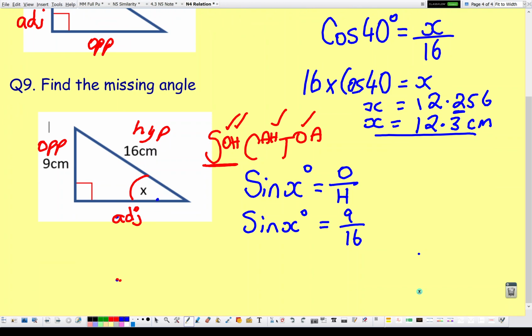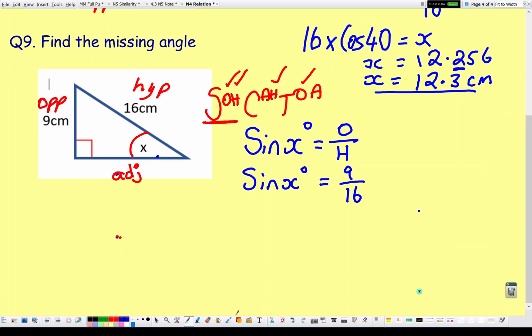I'm not going to tell you how to finish this off for the angle. Remember the slightly different process. What do I do next? Finish it off.